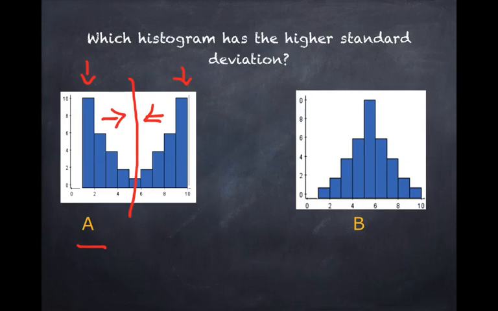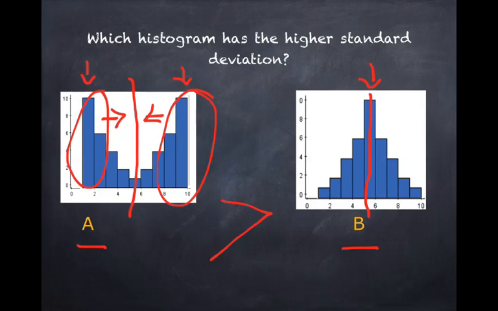Unlike B, which has a high peak right here at the center. And so what that is telling you is A will have a higher standard deviation than B, because of these high peaks being located further from the center, unlike B, whose highest peak is right there at the center. This is one way you can look at the standard deviation through a histogram.